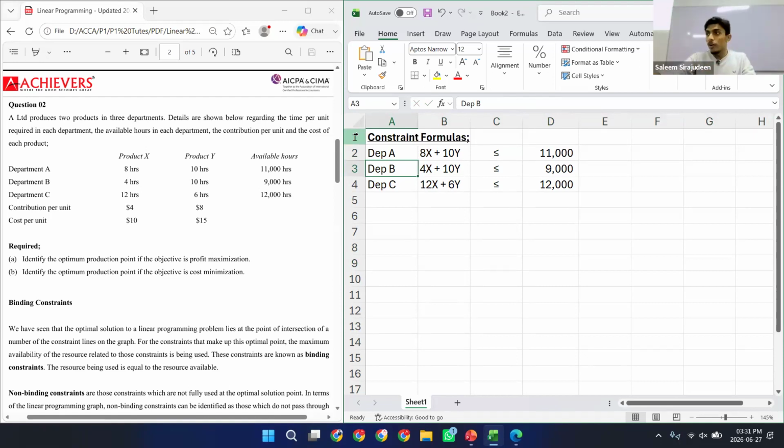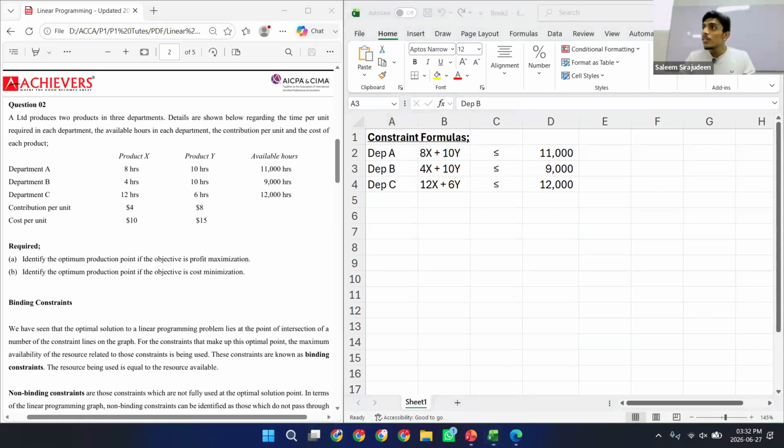Now, first of all, in your writing book, write these constraint formulas. Question number 2, write only the constraint formulas. Online also, do it with me. Done? Right.